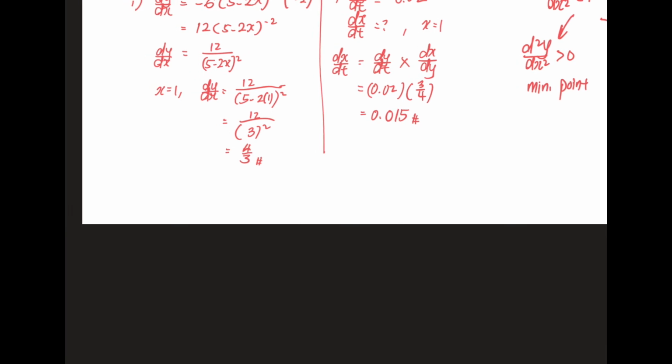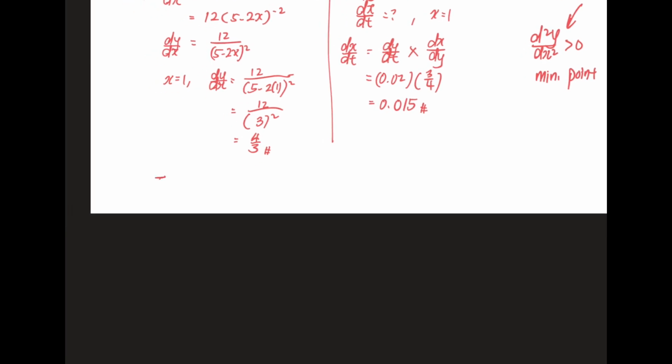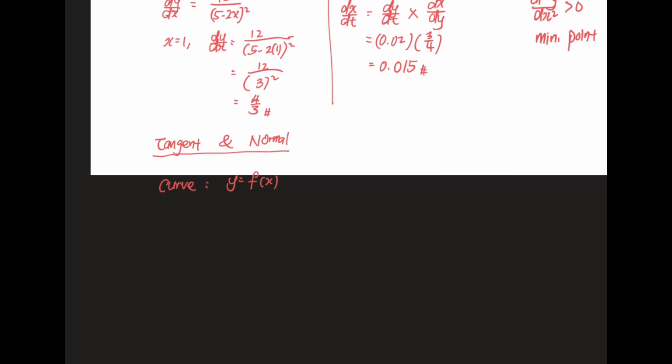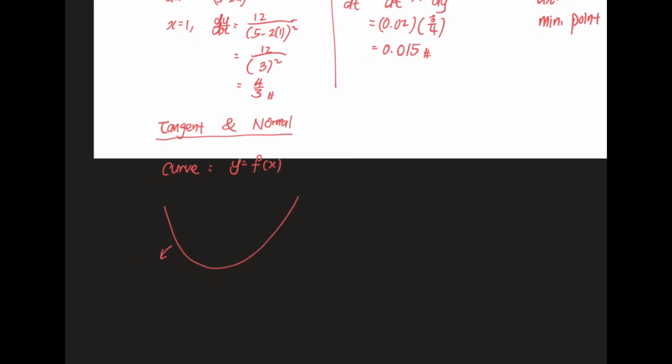Okay, and I will just take a few more minutes to go through one more thing, which is tangent and normal. So if you have a curve y = f(x), you want to find tangent or normal. First you have to look at it in this way.